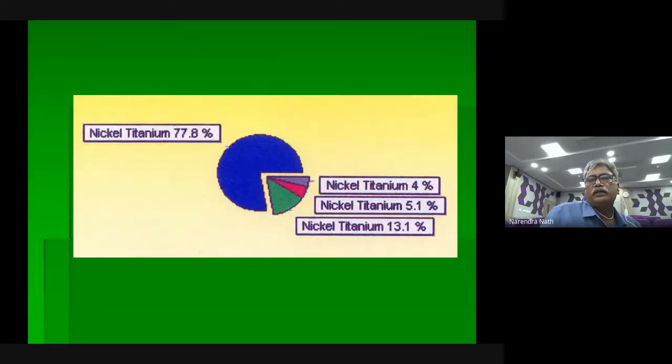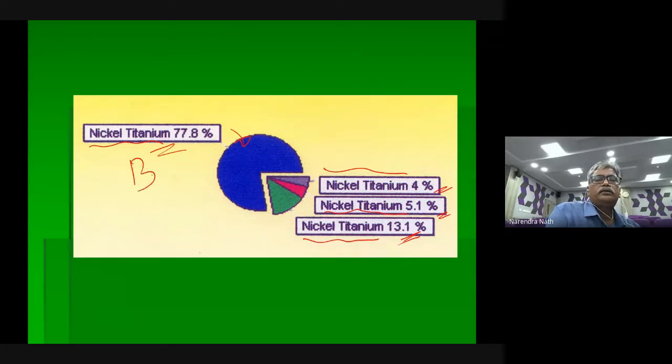Now you see, this is what we did with high-end X-ray. It gives a pie chart like this. Titanium nickel is around 77.8, and nickel titanium is 4%, 5.1%, and 13%. Now you may think everything is nickel titanium, so what is special in it? You should correlate this with your previous XRD.